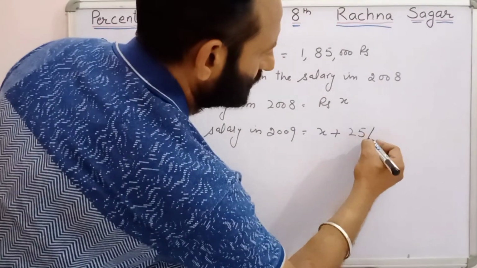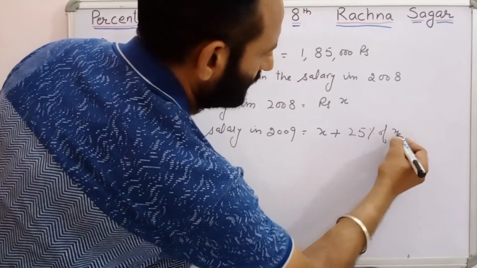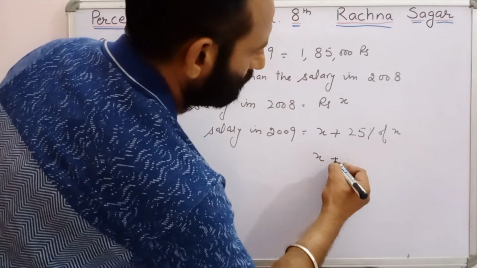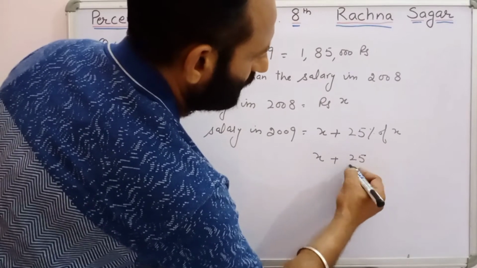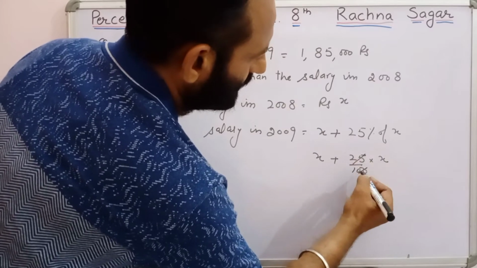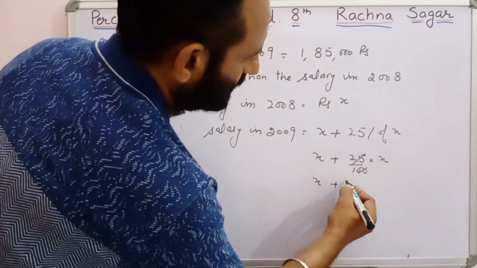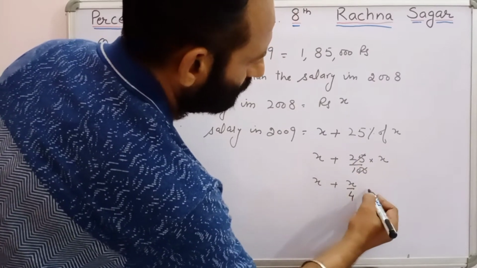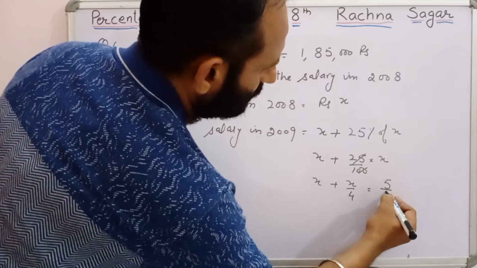X plus 25% of X, it becomes X plus 25 over 100 into X, that is X plus X by 4, it becomes 5 by 4X.